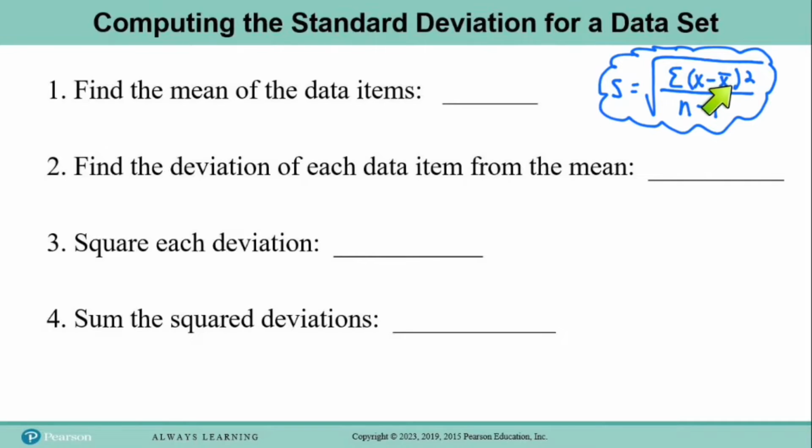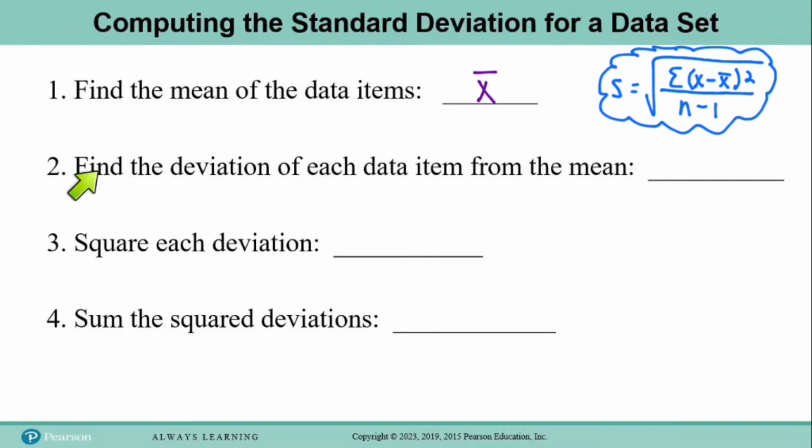We know that in order to use this formula, the first thing we're going to need is the mean. So step 1 is to find the mean of the data items, and that would be x bar. The next thing to do after you have found x bar would be to calculate the deviation from the mean for each value in the data set.